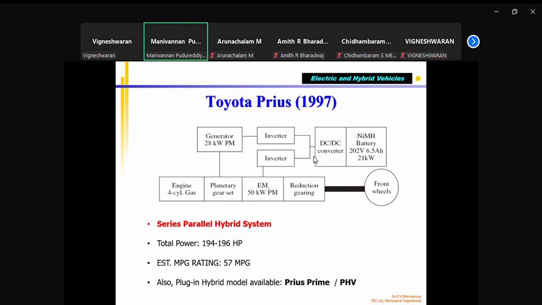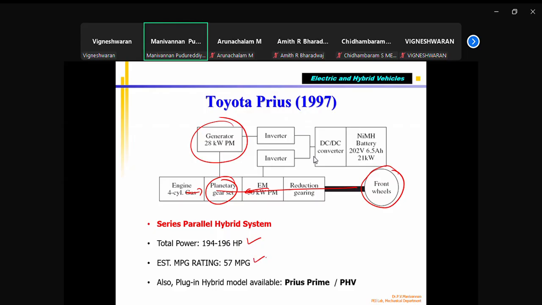Power from the engine goes through this to the wheel, and there's an electric generator. You can see here. The total combined power available for the wheel is 195 to 196 bhp. Correct. So that is the power available from both the engine and the electric motor.